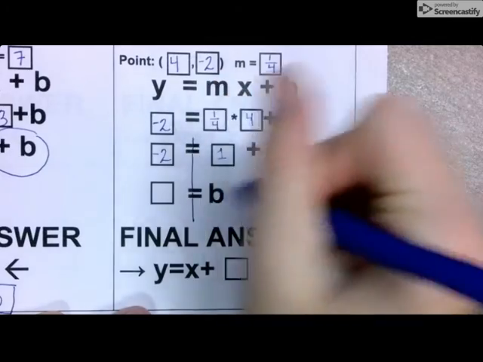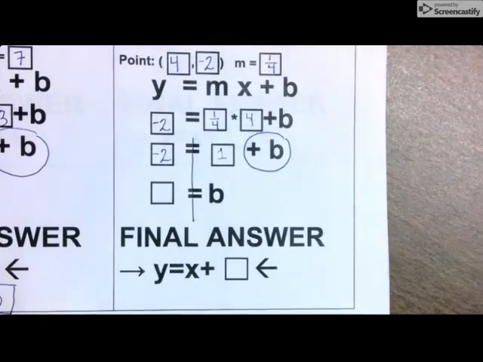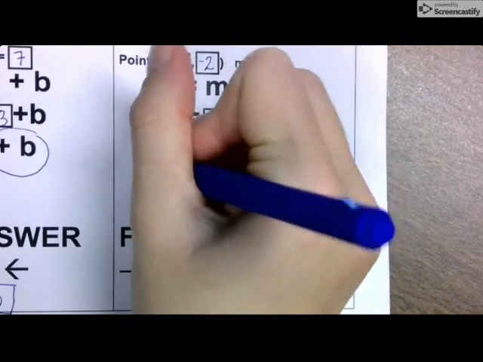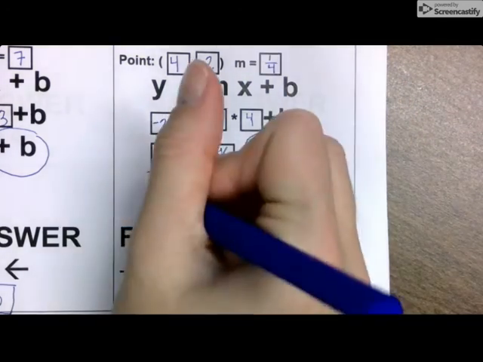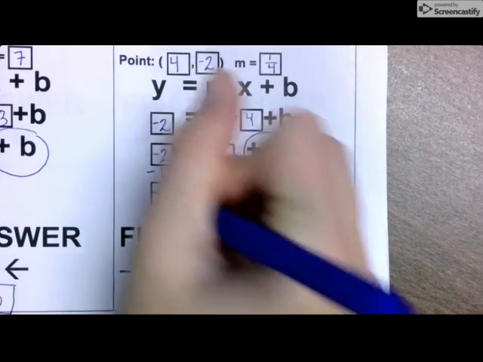Draw my line. Circle the thing that I want to get alone. What do I need to do to both sides? Subtract 1. Good. So I'm going to subtract 1 on both sides. And what is -2 minus 1? -3.